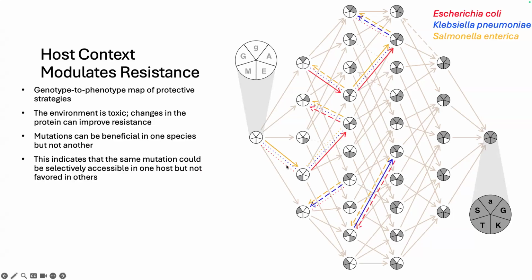Neutral is shown in these dashed lines, and a deleterious step is one that goes backwards with a dashed arrow. And to wrap this up, this indicates that the same mutation could be selectively accessible in one host species, but not favored in the others, which might actually lead to the gene evolving differently between hosts.